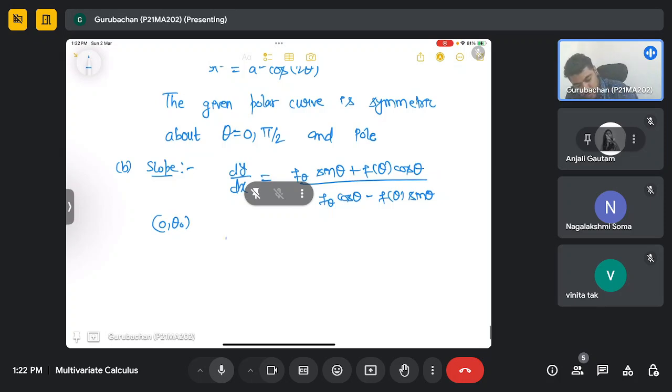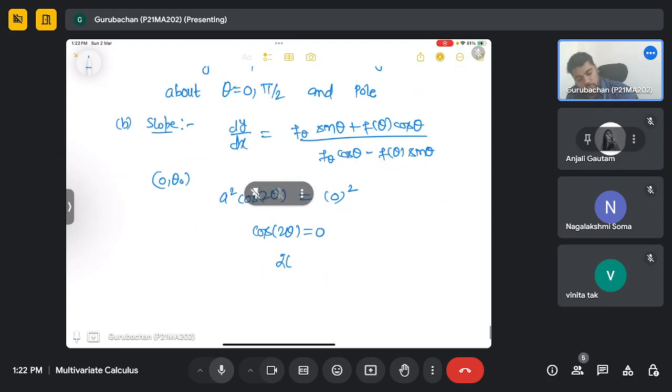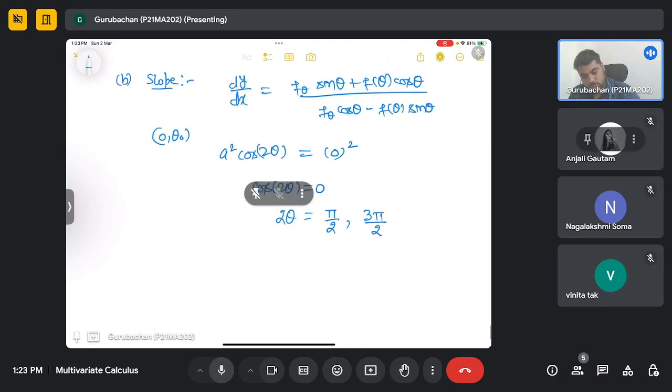So for 0 comma theta naught, a square cos 2 theta will be equal to 0. This will give us cos 2 theta equal to 0. Then in between 0 to 2 pi we are discussing, 2 theta will be pi by 2 or 3 pi by 2. So this will give us pi by 4 and 3 pi by 4.